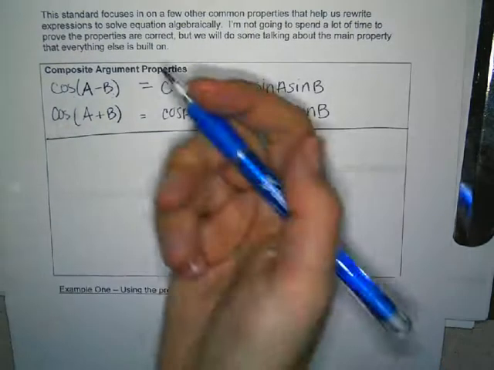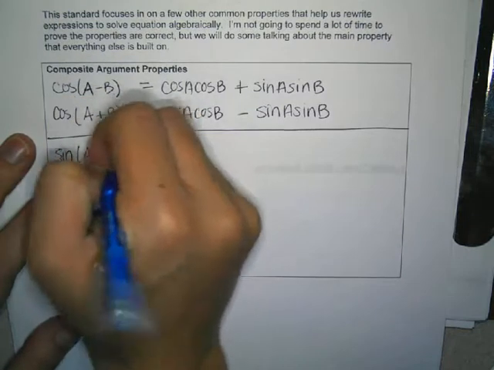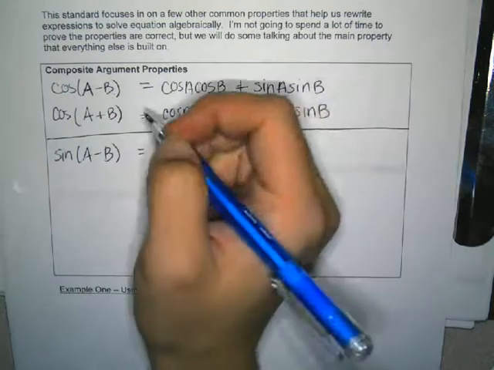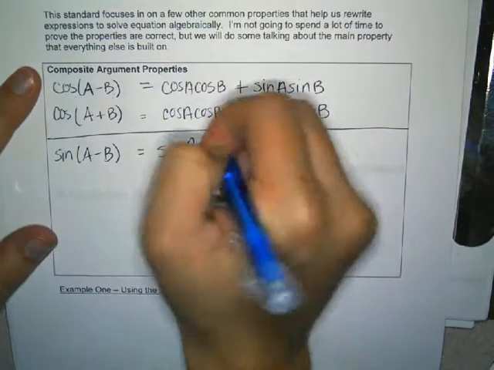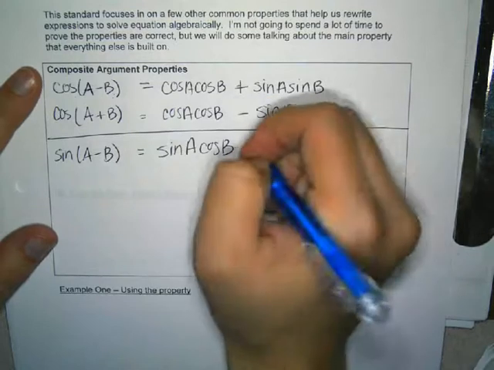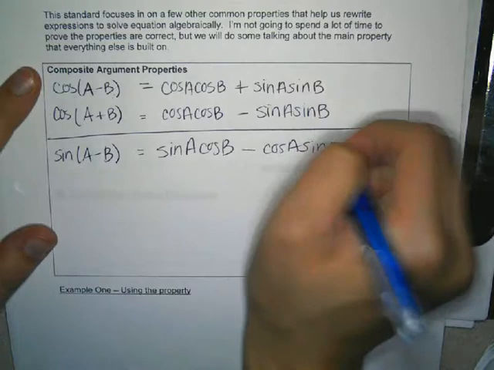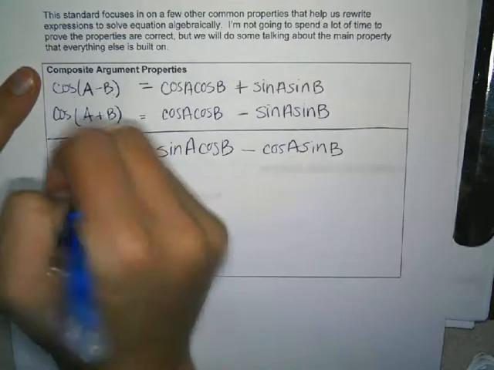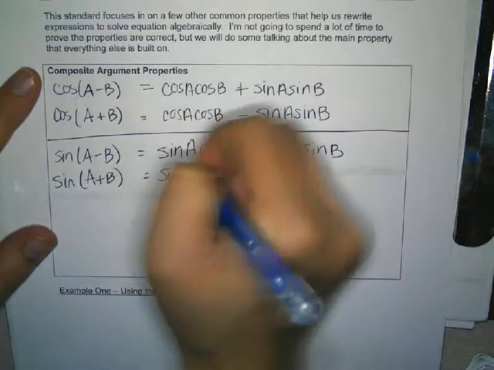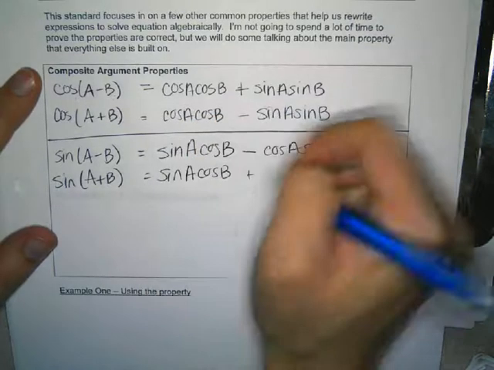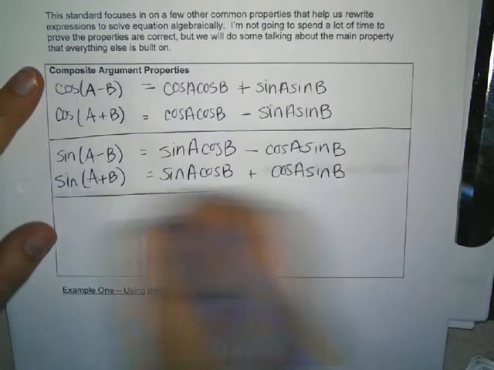The next group we're going to talk about is sine. So, sine of A minus B. If you have a composite argument for sine, you can make that look different using the property. The property is sine A cosine B minus cosine A sine B. And then sine of A plus B is the same, except the sign changes. Okay.